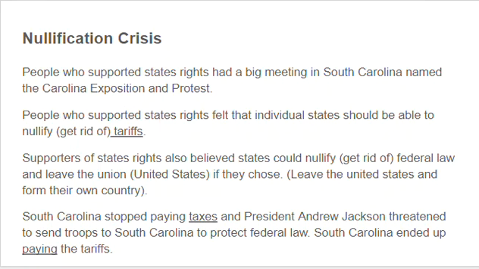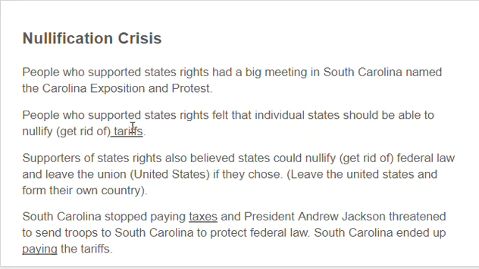And this doesn't have to do with slavery, but there's something very important called the nullification crisis that led to the Civil War. And these are people who supported states' rights, and they had a big meeting in the South named the Carolina Exposition and Protest. And people who supported states' rights felt that individual states should be able to nullify, get rid of tariffs.